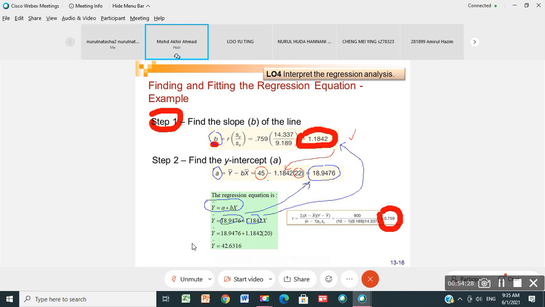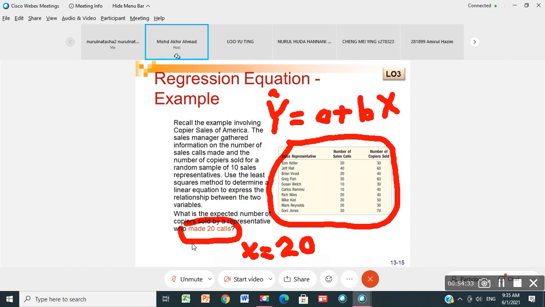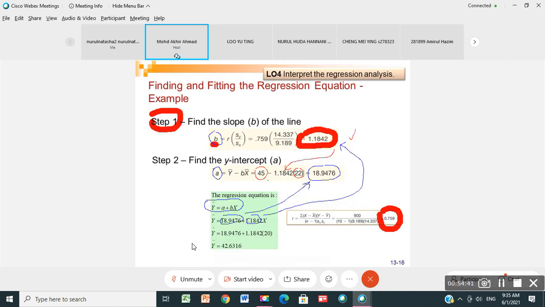X. Okay, just now we asking the question here: what is the Y value in case X equal 20? Then we fill up X equal 20 here. So we will get Y equal to 42.63.